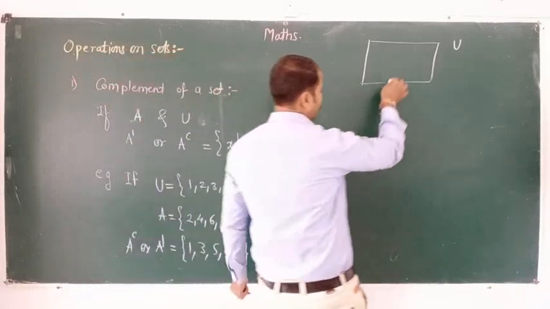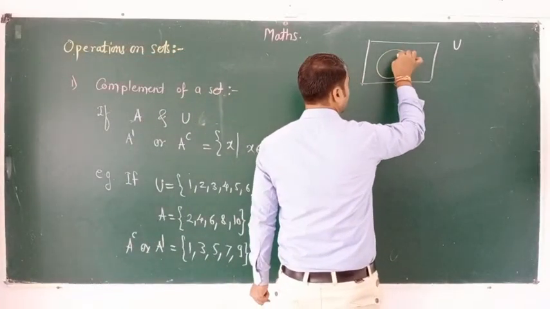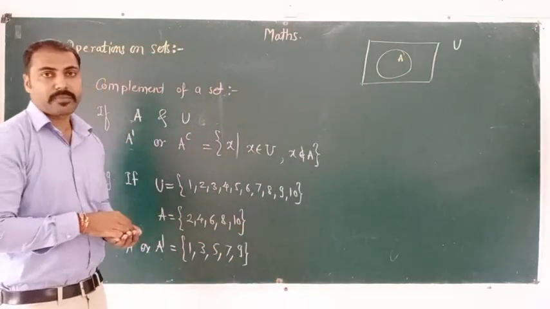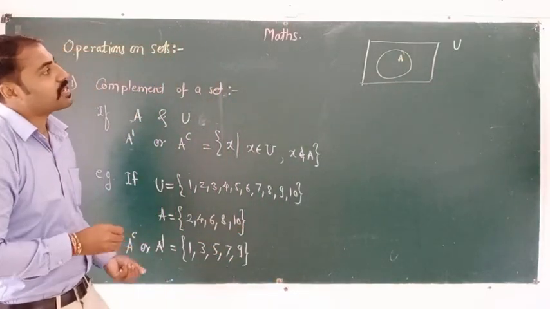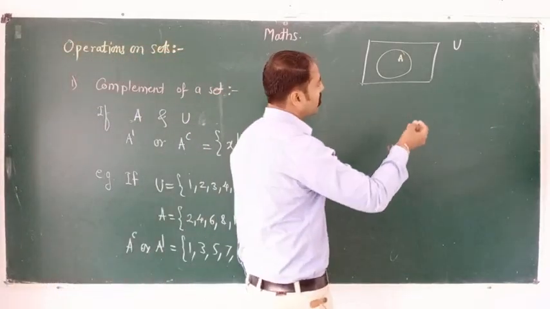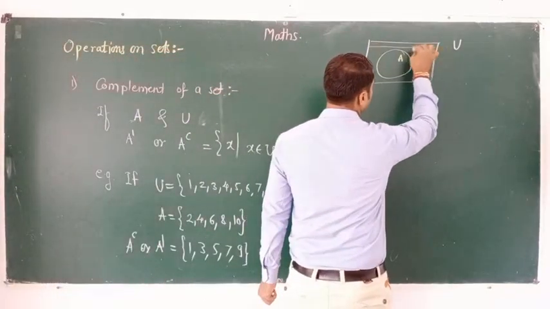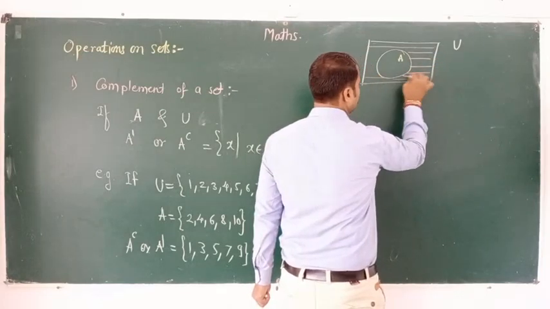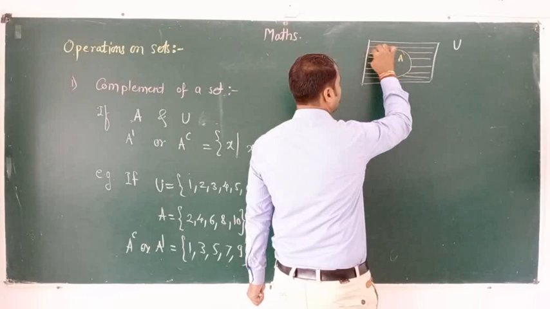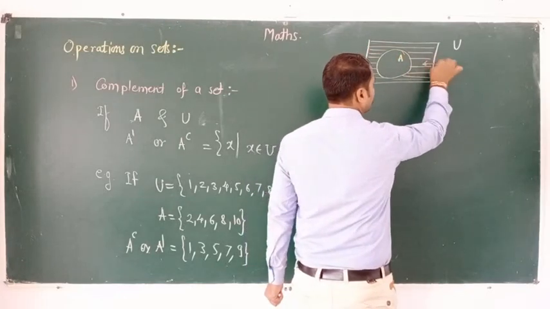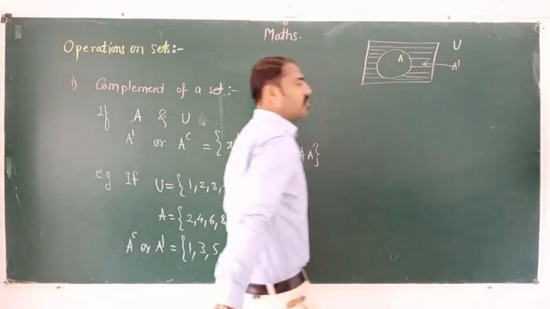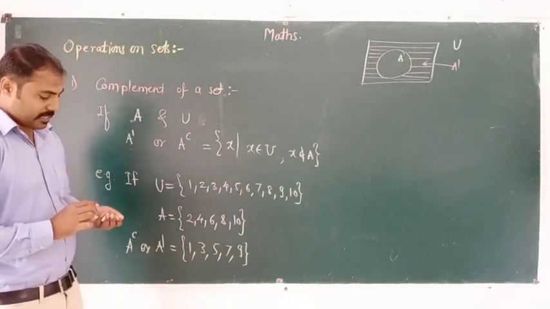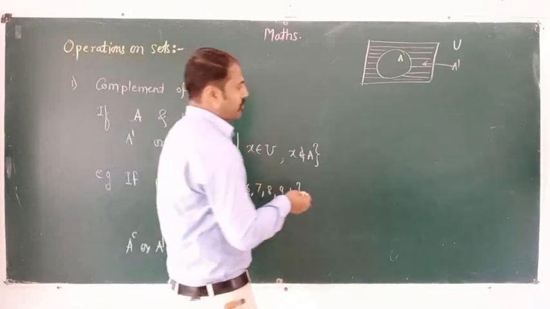Suppose that's our set A, then A complement is the set of all elements which are in U but not in A, means these elements which are not in A, these elements are in A complement. That shaded portion denotes the set A complement.